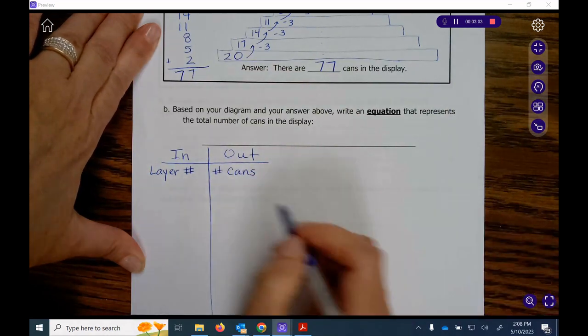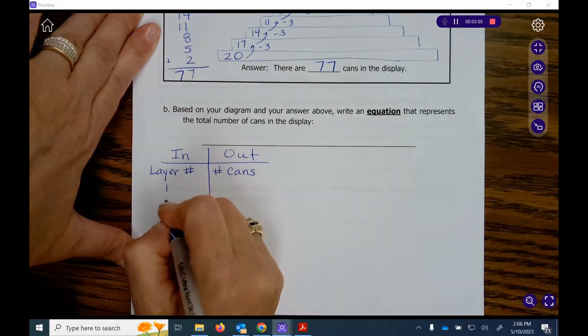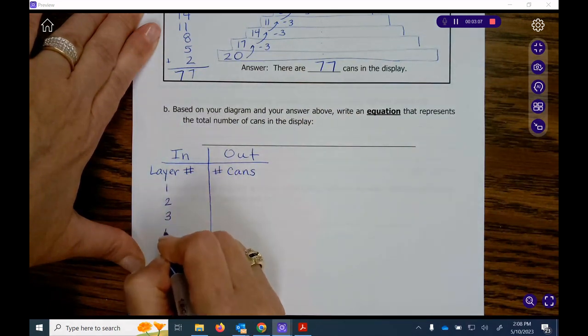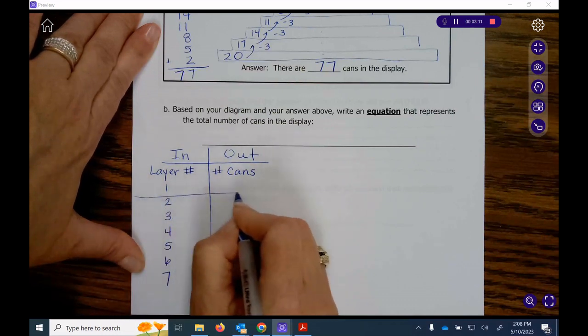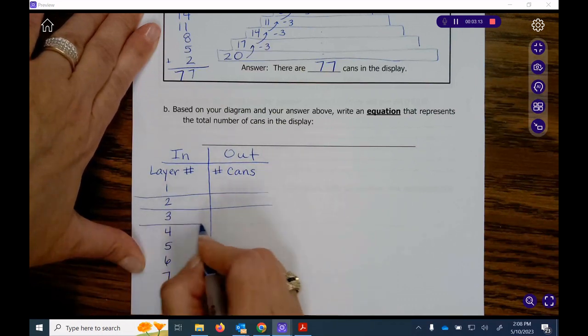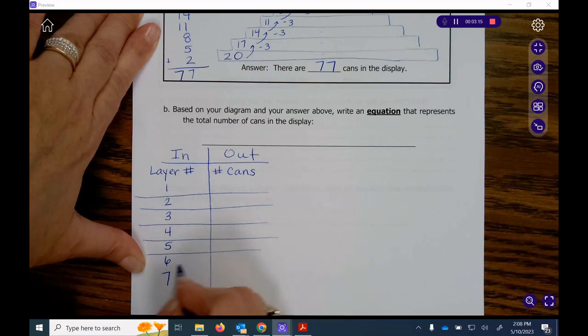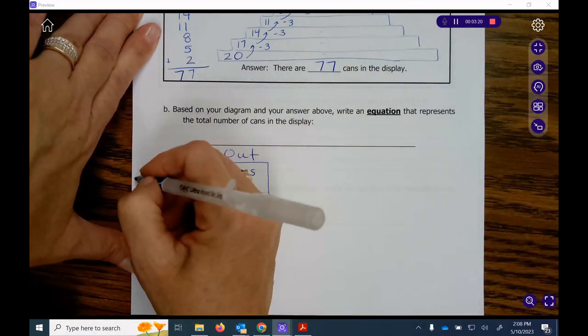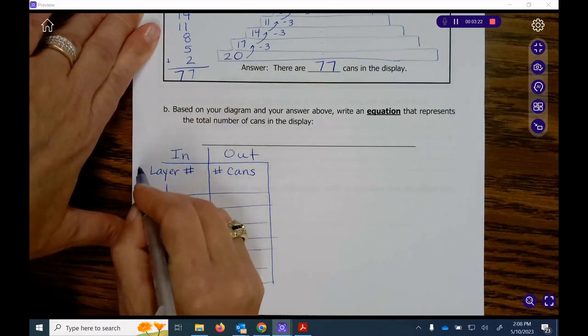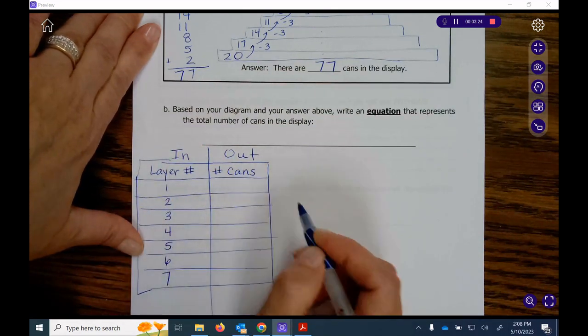So we have 7 layers, so we're going to go 1, 2, 3, 4, 5, 6, 7. And we're going to see if we can come up with some kind of pattern here and change that pattern into an equation.